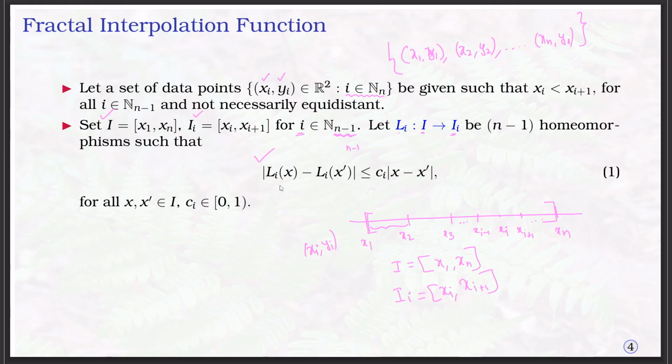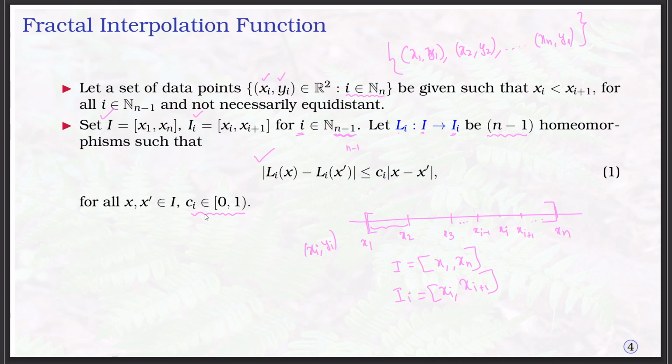That means the absolute value of Li of x minus Li of x dash is less than or equal to Ci times the absolute value of x minus x dash, where Ci is taken from the interval [0, 1). So, Li is a contraction as well as a homeomorphism. So, we are defining n minus 1 contractive homeomorphisms from I to Ii.